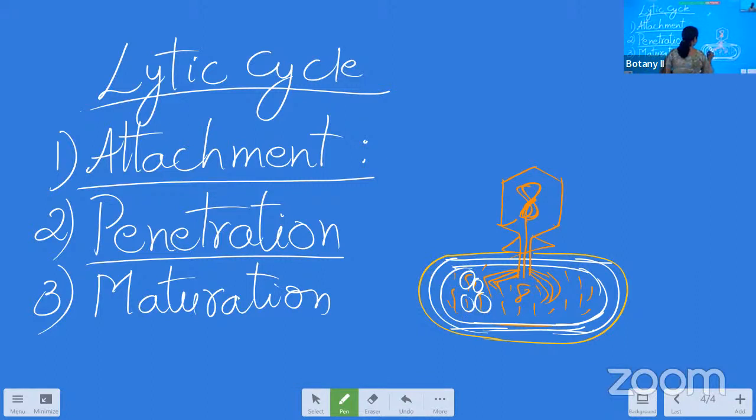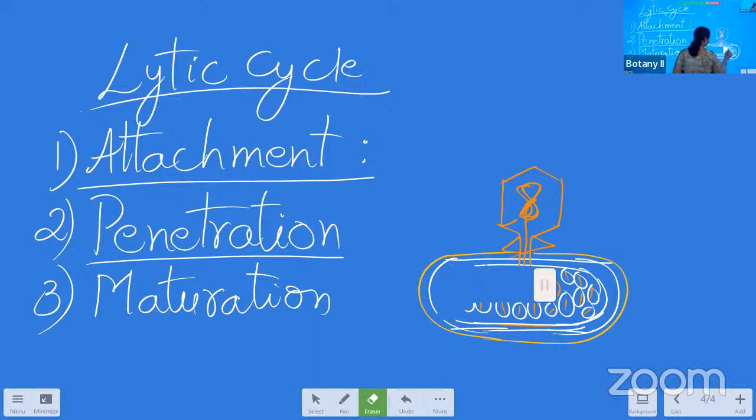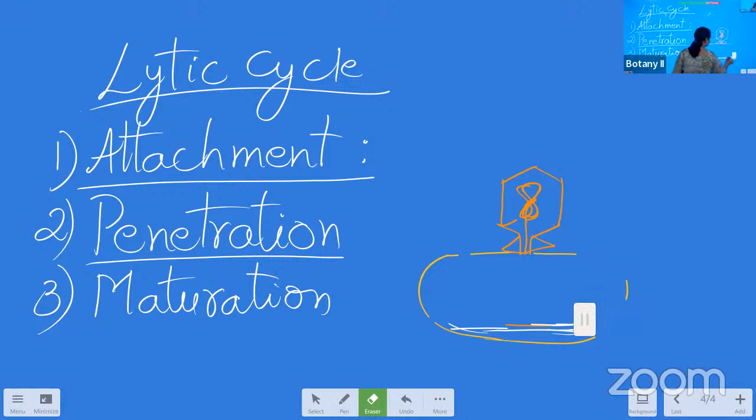Once it is surrounded by the cytoplasm, it takes up the energy from the cytoplasm and starts making the viral heads. So with this, what happens now? Viral heads are going to be formed.